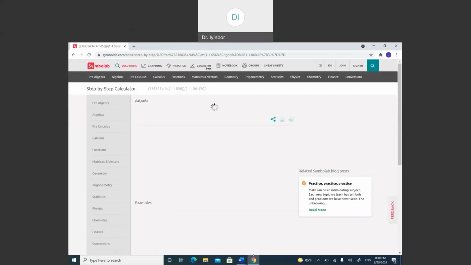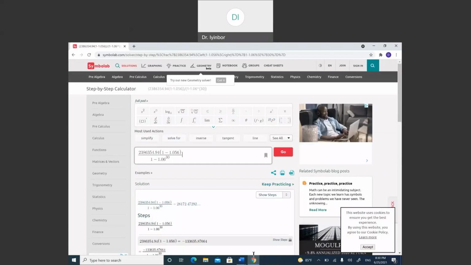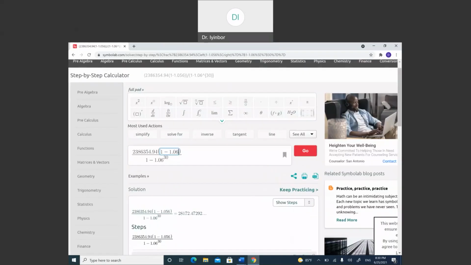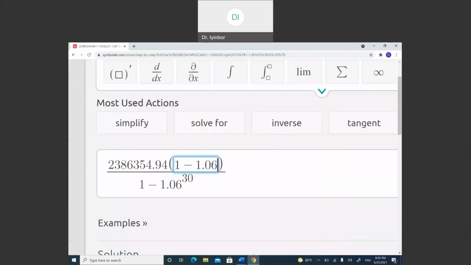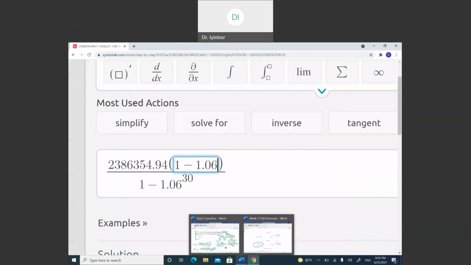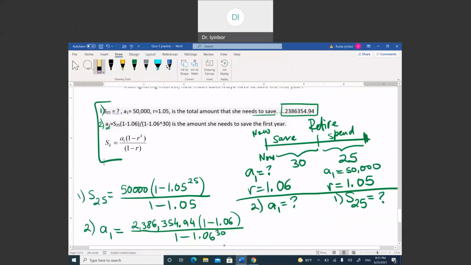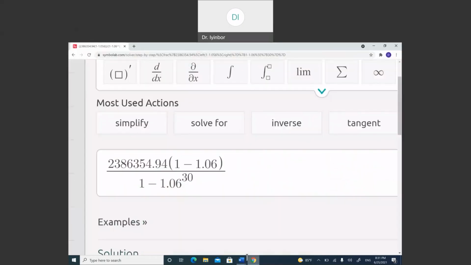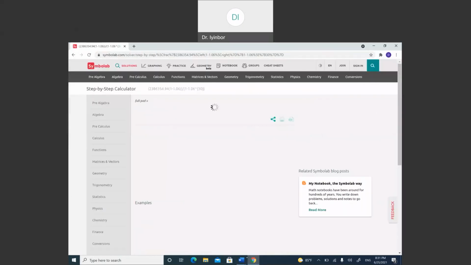Oops, hold on, this is not right. So I have this number copied, 1 minus 0.06, and then the exponent 30 is in the bottom because we're looking for A1. And then this is how much she needs to save.